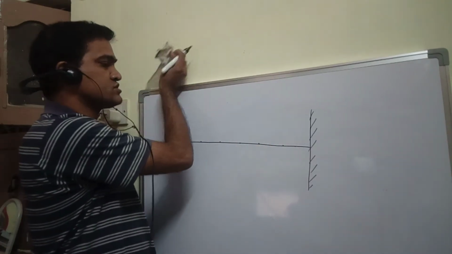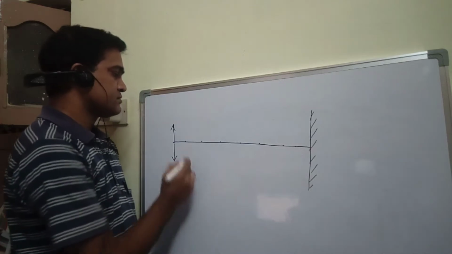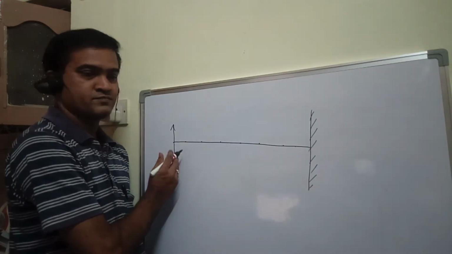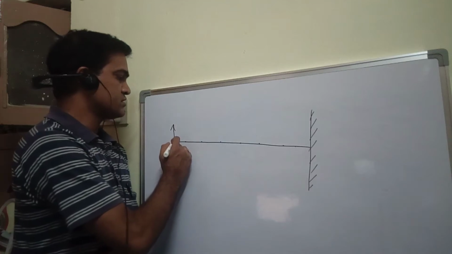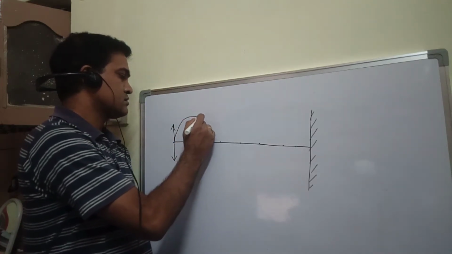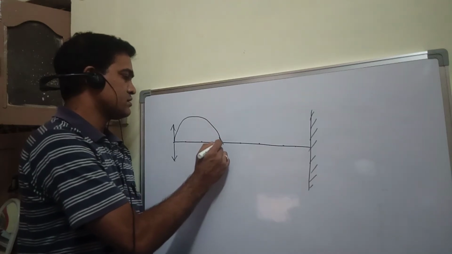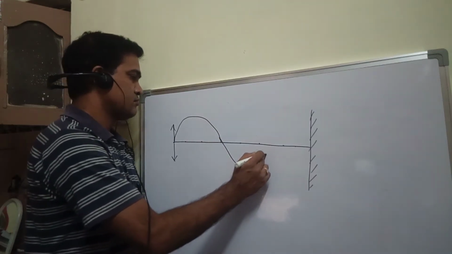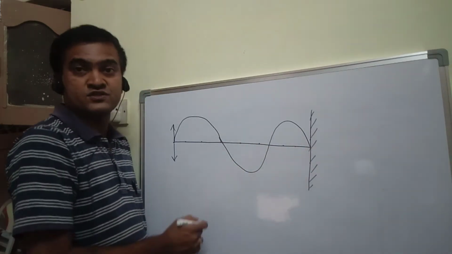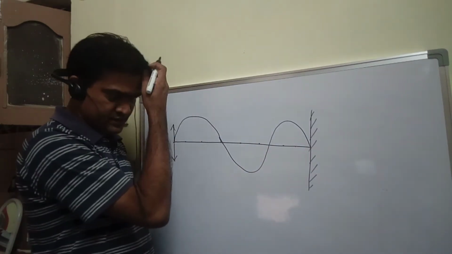And when I give a sudden jerk to one end of the string, the string will be moving in the forward direction in this way, right?